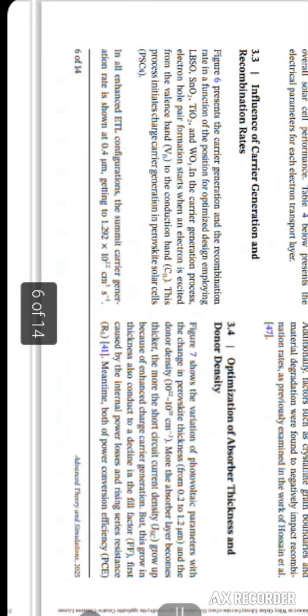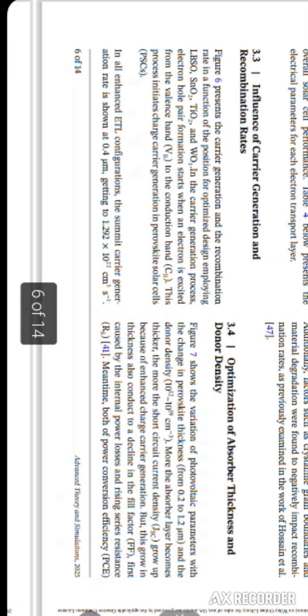After that, they determined the electrical metrics for each ETL type, and they found that titanium dioxide achieved the best efficiency with approximately 12.97.